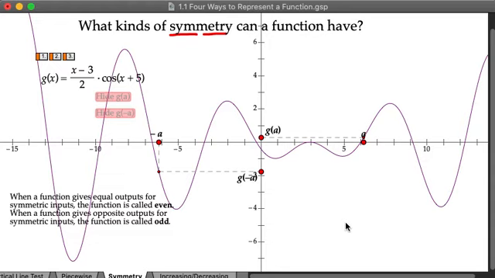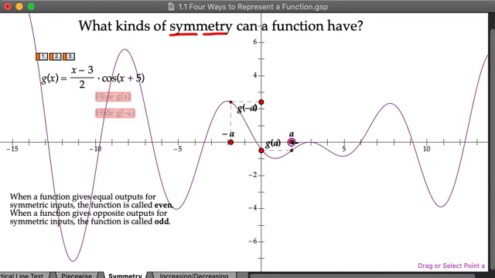So I have changed this function somehow, and now if I look at opposite inputs, my inputs are still symmetric, but I'm looking at my outputs. Here, my G of A is like -1, and my G of -A is like 2.5-ish.